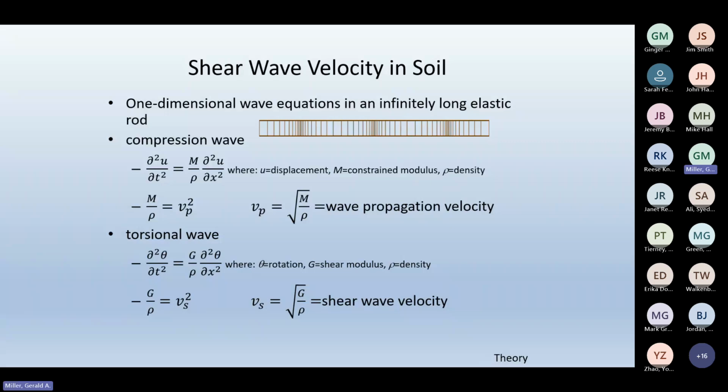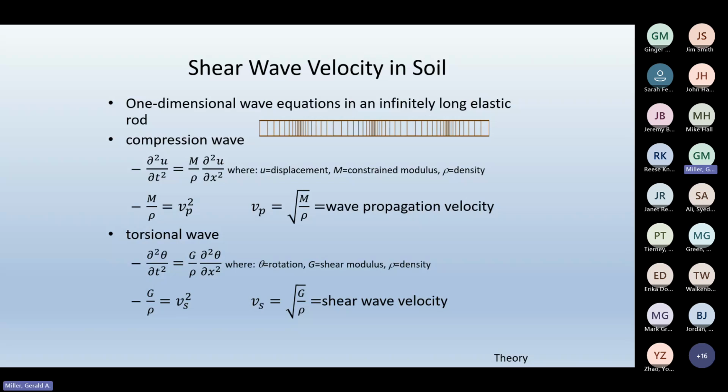Okay, so we're going to go about trying to measure that with our SCPT, but I think it's important to understand the relationship between VS and shear modulus and rho. Now, looking at this equation, you would say, okay, the VS is going to increase if shear modulus increases, and it's going to decrease if density increases. But the effects are not the same, right?